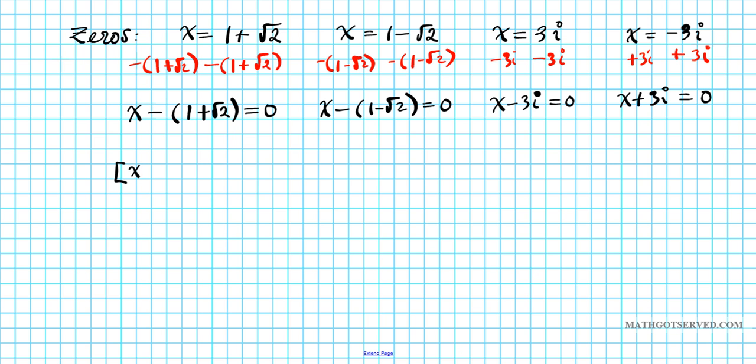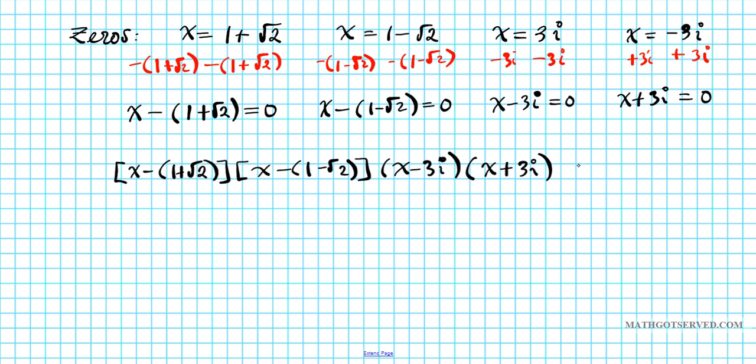So we have x minus 1 plus rad 2 times x minus 1 minus rad 2 times x minus 3i times x plus 3i equals 0. So it's like we're going backwards using the reverse procedures of solving polynomial equations.